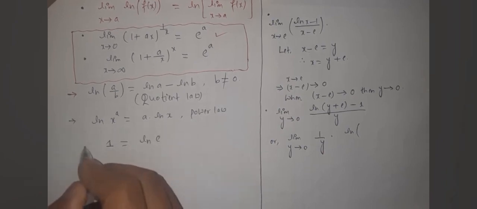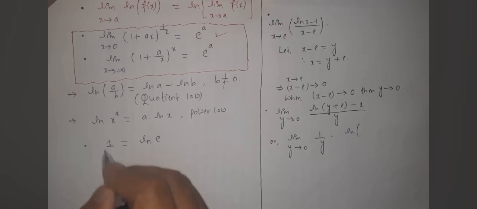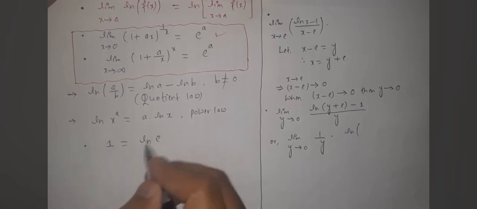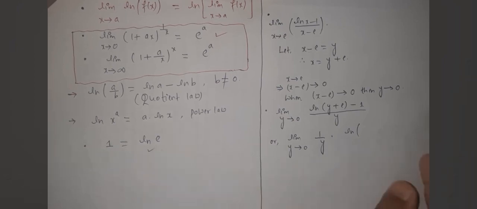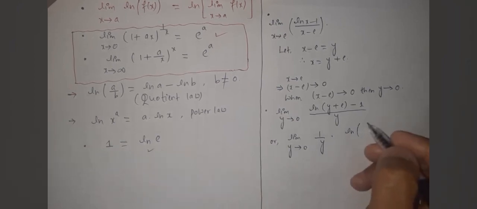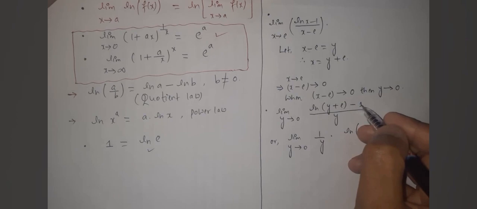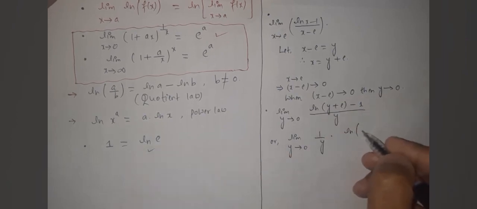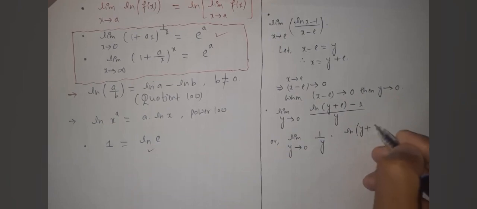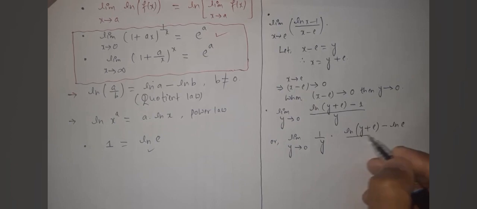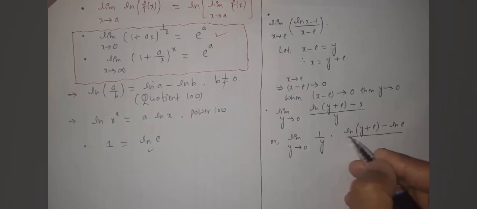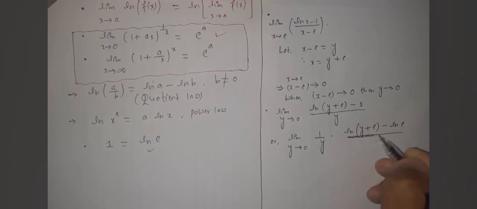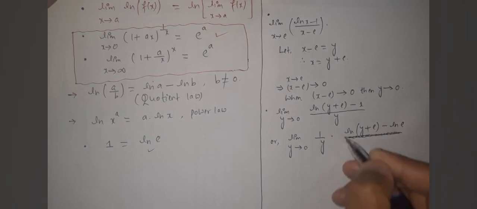We can write in place of 1, ln of e. The value of ln of e is 1. Here we take the natural log. So if we put in place of 1 a ln of e, then this format will be ln of y plus e minus ln of e, and the y goes in front of these expressions.